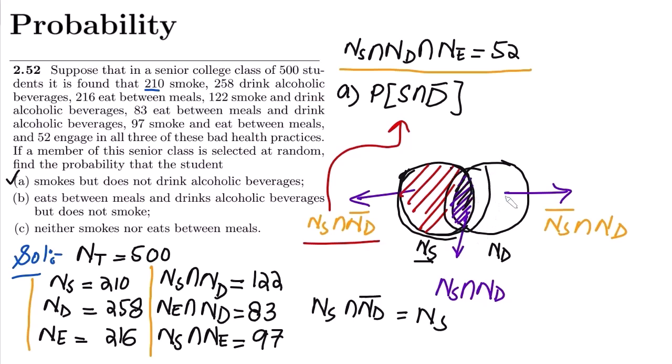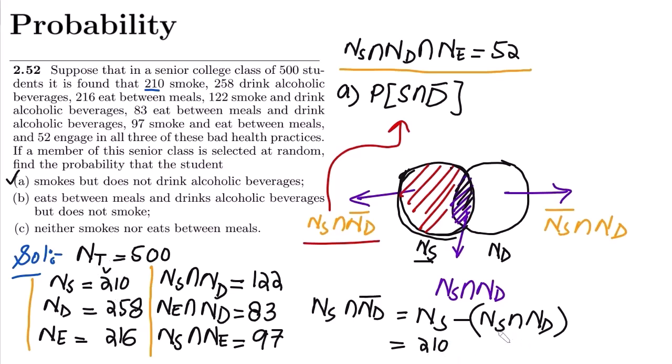This is the common area in between D and S, so I have to subtract it. Therefore minus N of S and D. So let me write their values. N of S is given as 210.